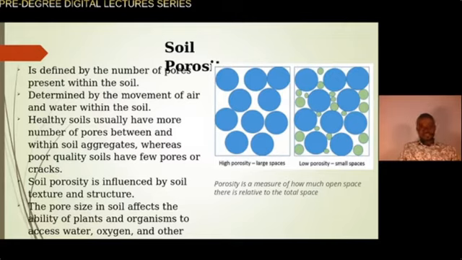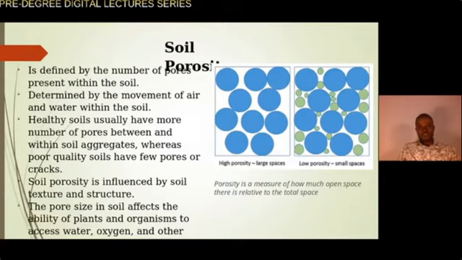So porosity here is defined by the number of pores that are present within the soil. The higher the number of pores, the higher the porosity. Porosity is determined by the movement of air and water within the soil. Porosity determines how air and water circulate within the soil.